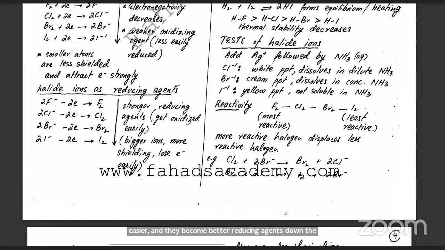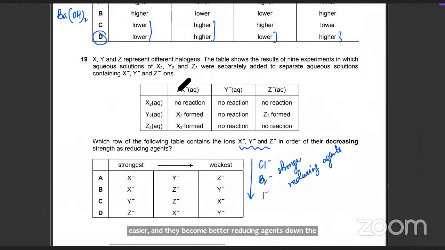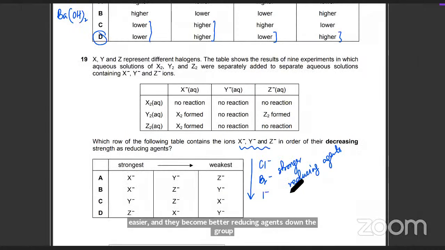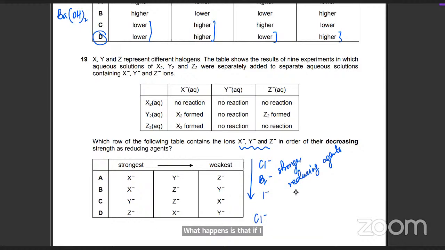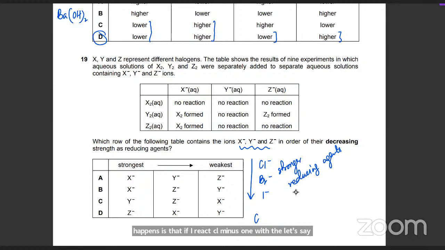So in this case, if I react Cl- with, let's say, chlorine, the Cl- is a pretty bad reducing agent. If I react I- with chlorine, the I- will lose electrons.